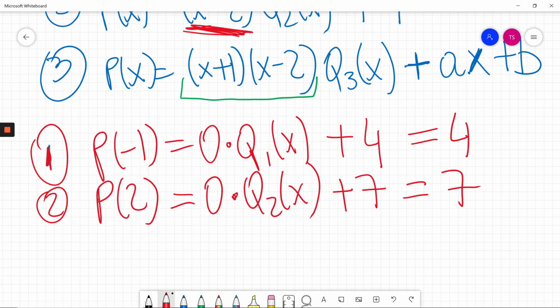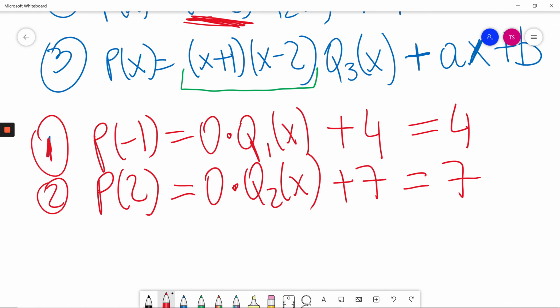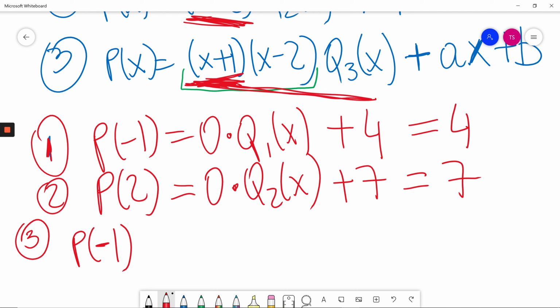And I need to find p of negative 1, I will find it again using 3. This will be minus 1 plus 1, so this is 0, so this whole thing is 0, because x plus 1 will be 0, plus ax plus b. So p of minus 1, x is minus 1, will be equal a times negative 1, which is minus a, plus b.